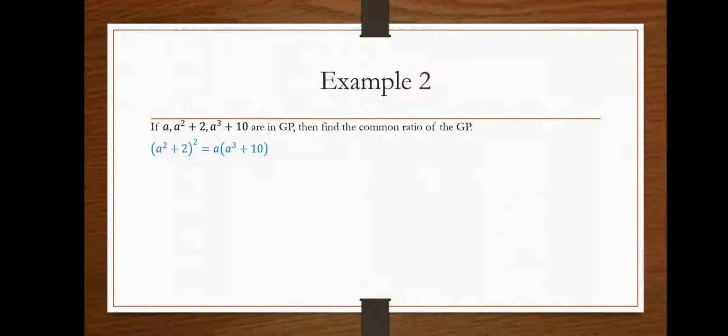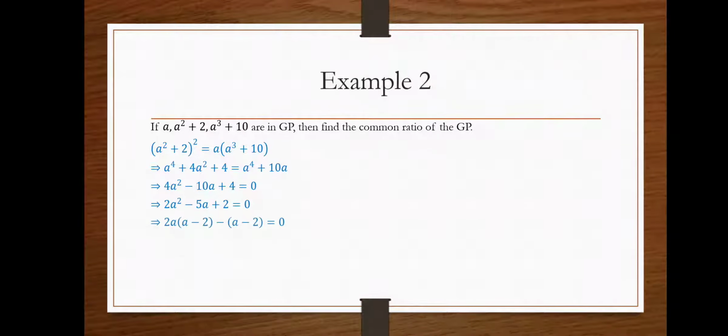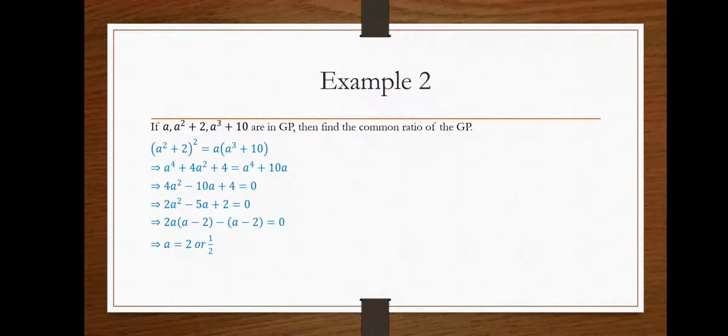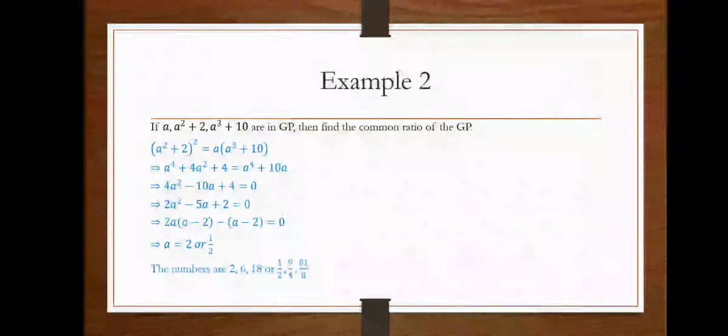Now all we need to do is solve. So let us go on solving. And solving this, we get the value of a as 2 or half. So if the value of a is 2 or half, then what are the terms in the GP? So if I take 2, then the numbers will be 2, 6, and 18.